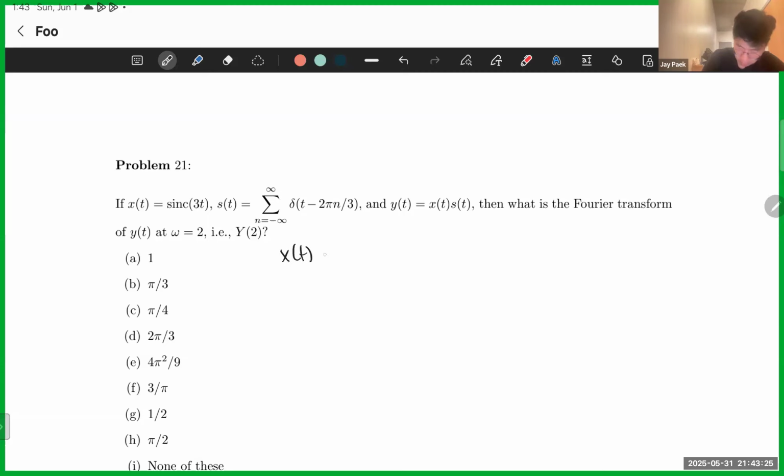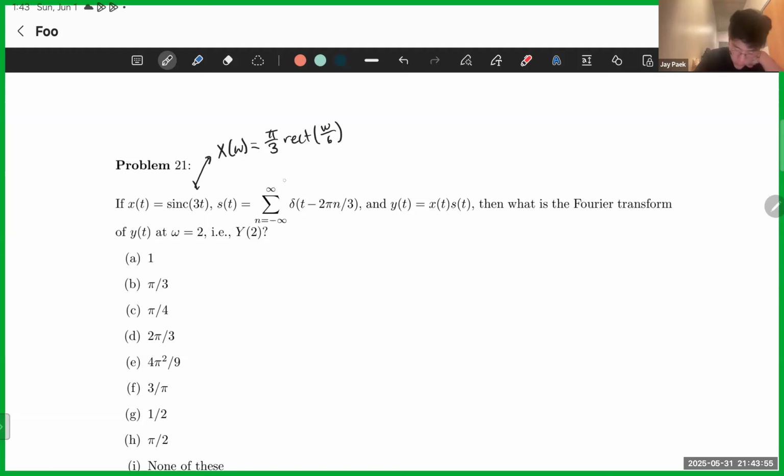X of t has a Fourier transform, actually, maybe I'll write it here. This has a Fourier transform X of omega, which is equal to pi over 3 times rect of omega over 6.